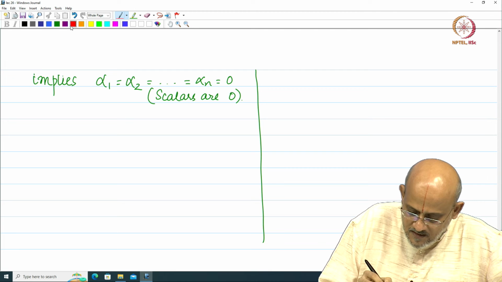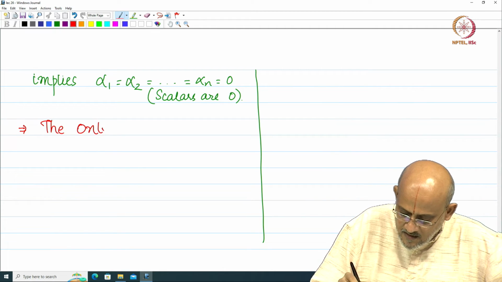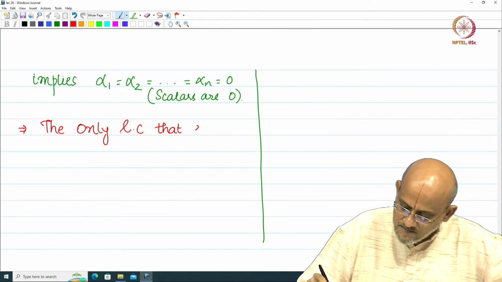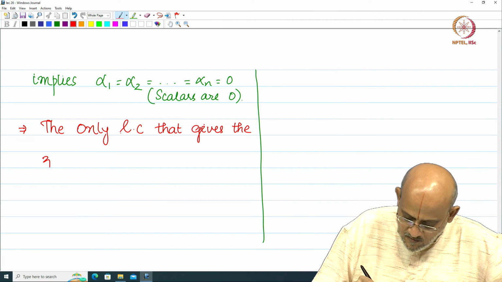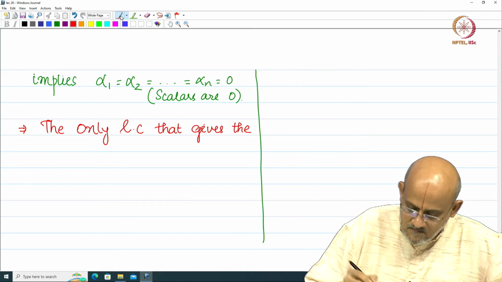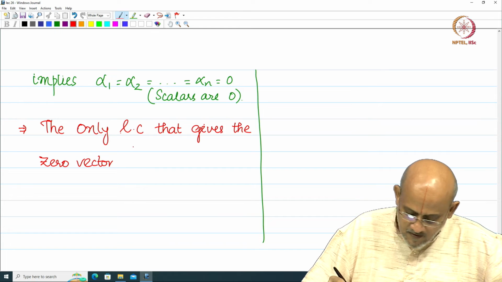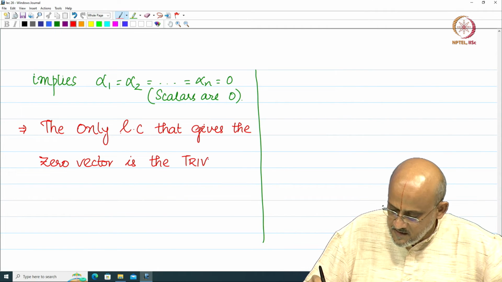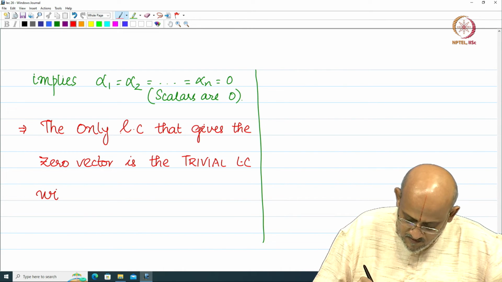How do we interpret this? The only linear combination that gives the 0 vector is the trivial linear combination with scalars equal to 0.